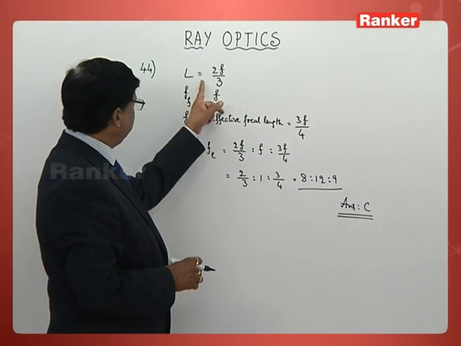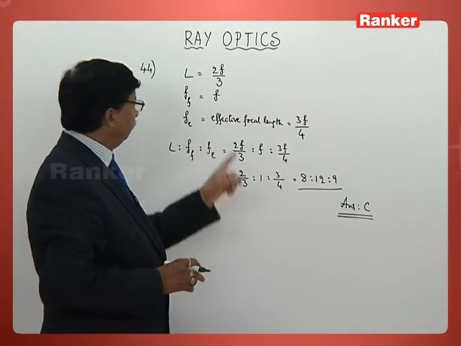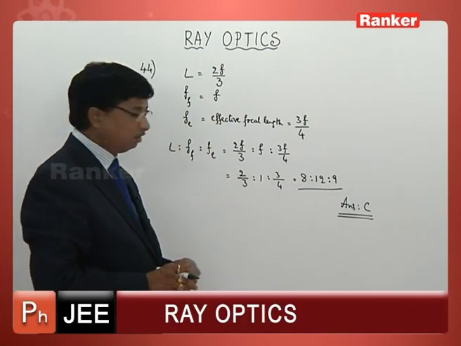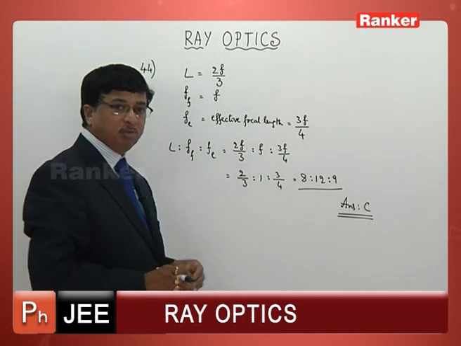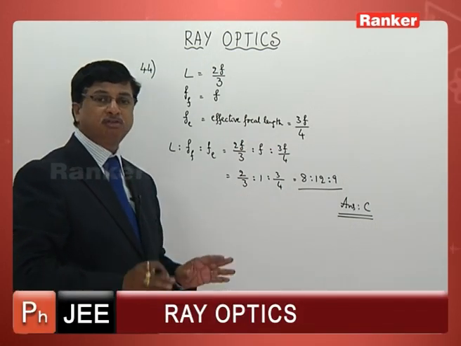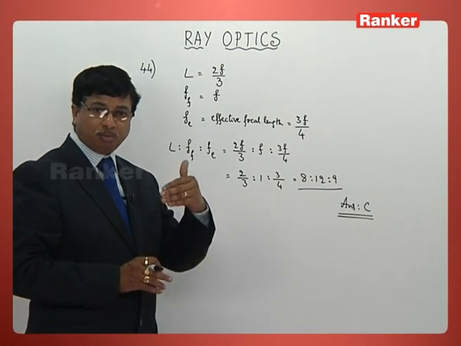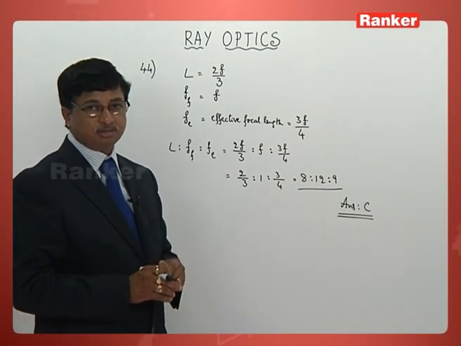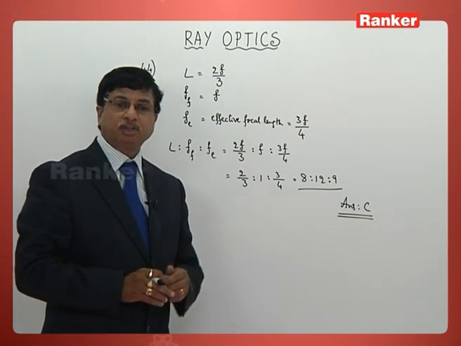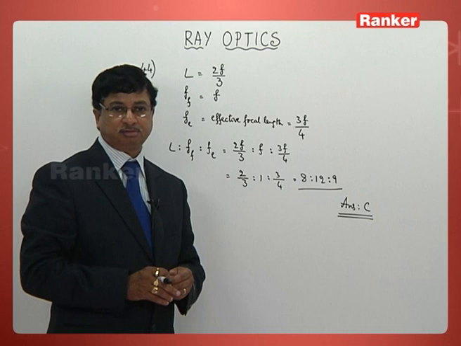So length is 2F by 3. Focal length of field lens is F. Eye lens also is F. Effective focal length will be 3F by 4. These are the main formulae one should have in memory as far as Ramsden's eyepiece is concerned. And most of you must be aware that Ramsden's eyepiece is called a positive eyepiece.